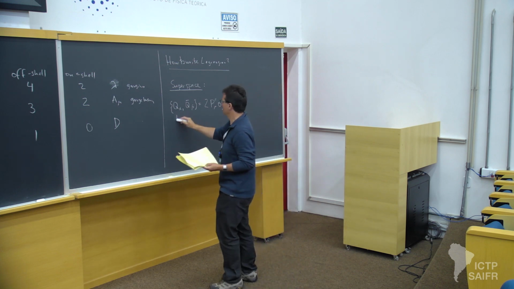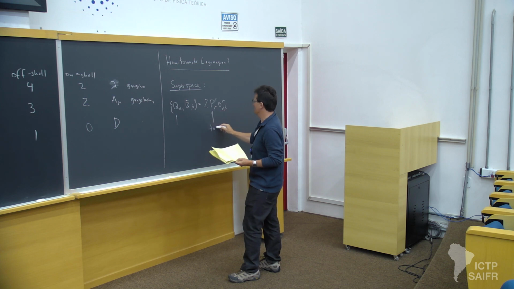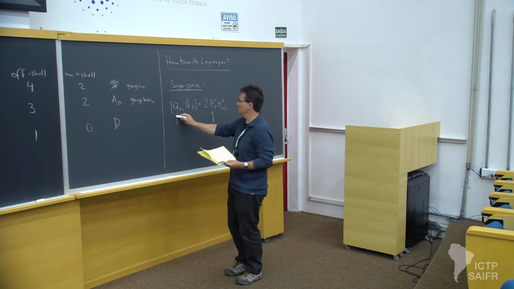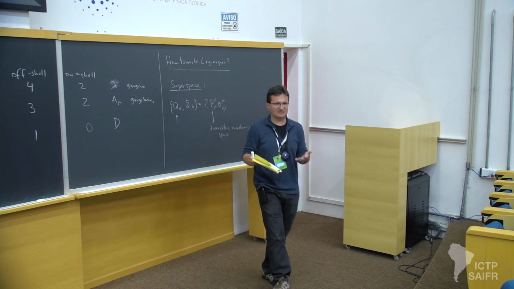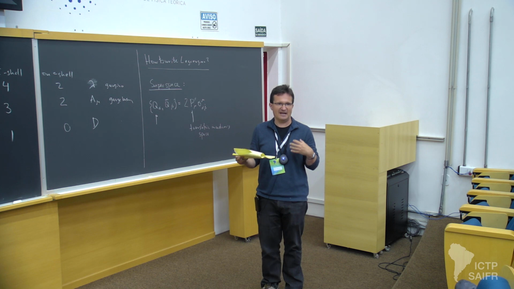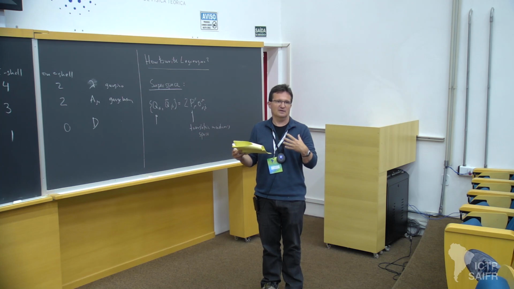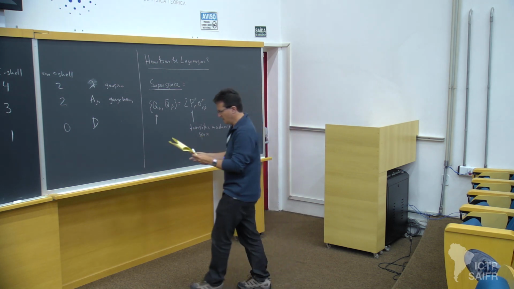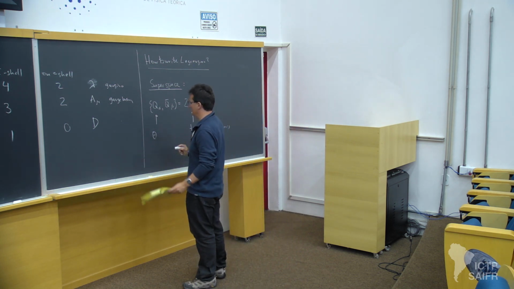This is translation in ordinary space, that's momentum in ordinary space. And then the question is, what does the supersymmetry transformation correspond to? When we introduce this concept of superspace, we say that this corresponds to translation in some other space that is a fermionic version. It's a fermionic space, with a fermionic coordinate. So we introduce a new coordinate theta here. Theta is the superspace coordinate.